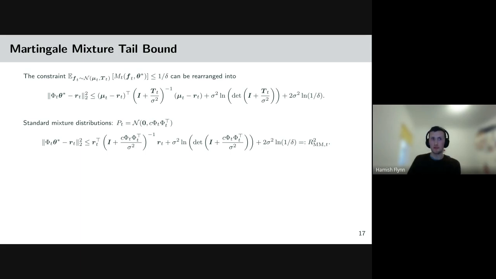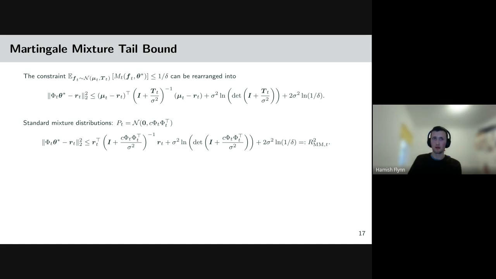So in the paper, we use the following standard choice for the mixture distributions. So the mean actually is just 0, and the covariance matrix is the empirical feature covariance scaled by a factor of c. And then the inequality with this choice of mixture distribution becomes the following one.